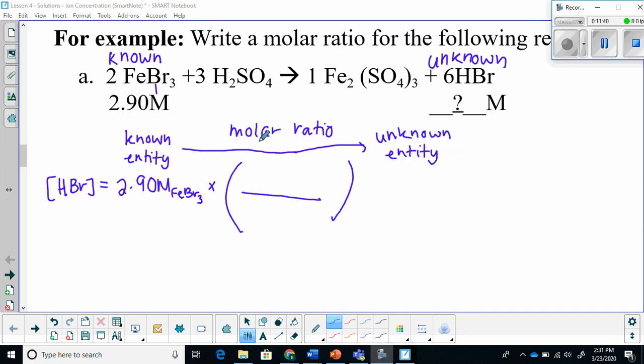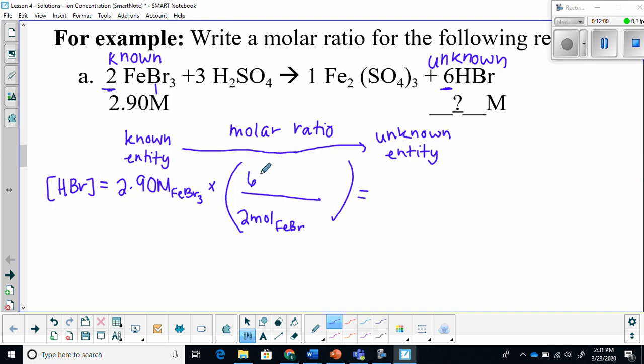So how do we actually set this guy up? I'm glad you asked. We have a coefficient of 2 in front of iron 3 bromide in our chemical reaction, so I'm going to divide by 2 moles of iron 3 bromide. And then on top we have 6 moles of hydrobromic acid.